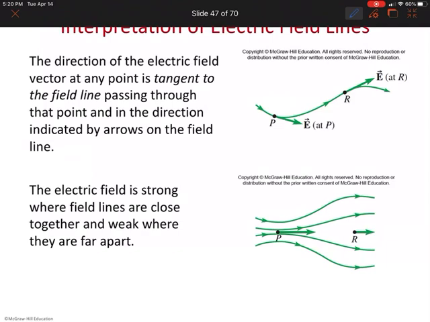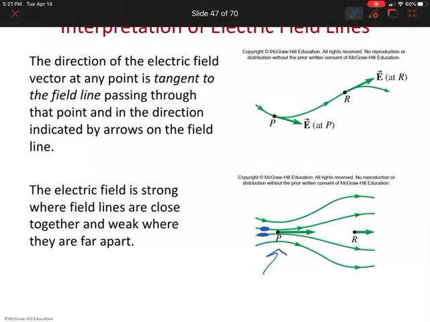You can see here on the interpretation of electric field lines that wherever the point is, the direction of that electric field is tangent to that point. Okay, so same direction as the arrow. This illustration is showing you that the closer those electric field lines are, the stronger that electric field is, and the weaker it is when they're farther apart.